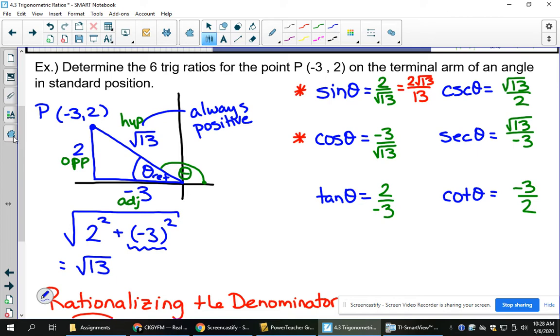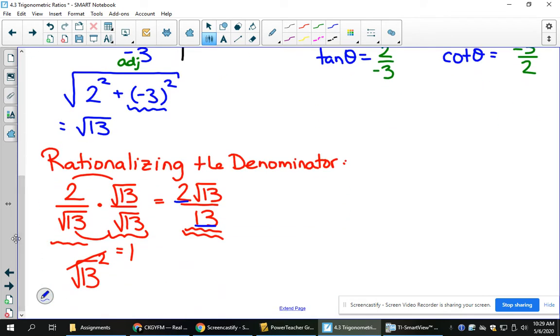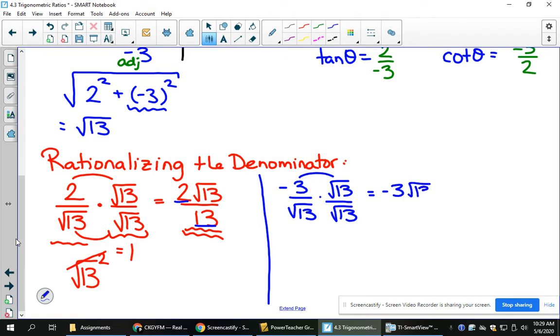Let's try for cosine now, negative 3 over root 13. Some of you might end up doing this so many times that you can rationalize the denominator quite quickly because you'll notice a pattern popping up. You're still multiplying by the radical in the bottom, on top and bottom, top times top. Just write them beside each other, they can't combine.